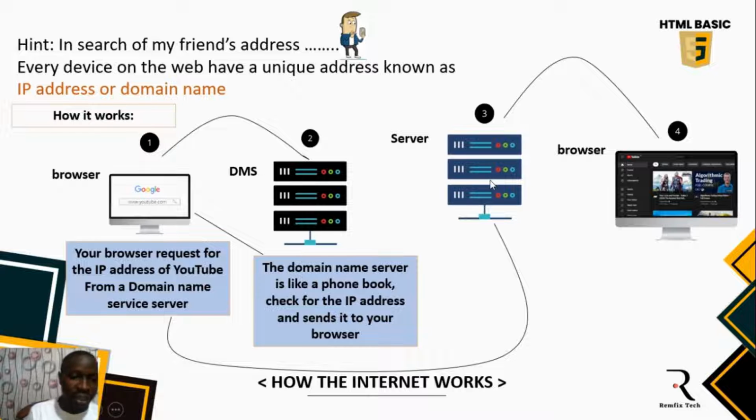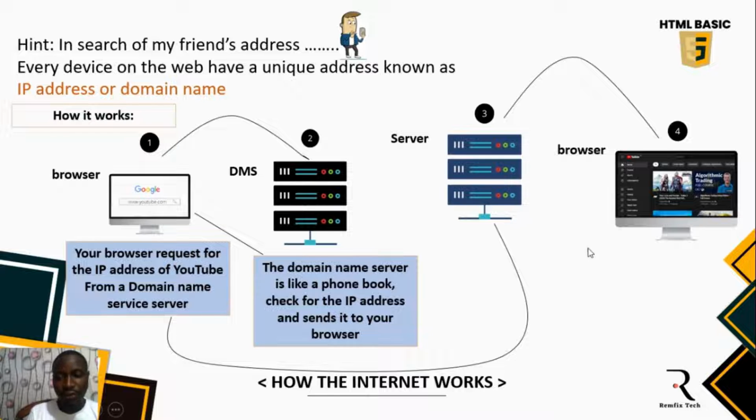Now a typical server is a computer that is online 24/7. That means it doesn't go off, and Facebook has billions of servers that operate their system. Once the server is able to locate the website you are requesting, it sends feedback back to you that you have received the website.